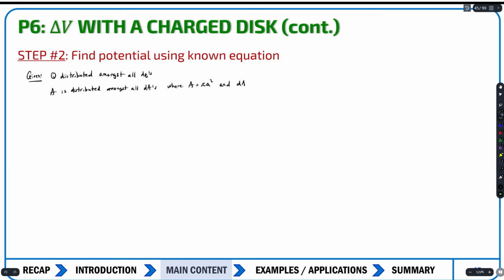And each tiny surface area of one ring is essentially, so if I have one of these small dq rings, I know that the thickness is going to be dr, and I know that the circumference is going to be 2 pi r, especially if this is r.